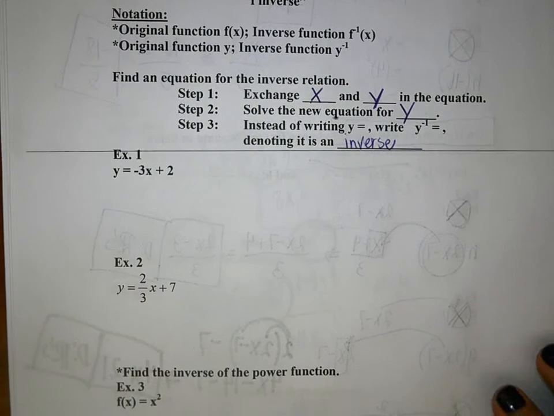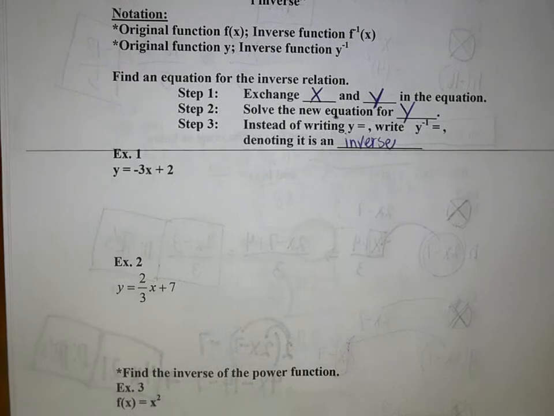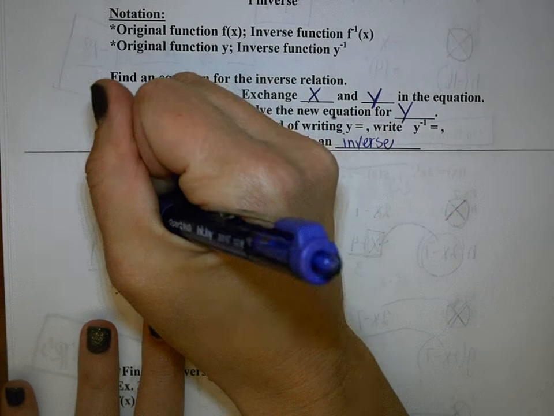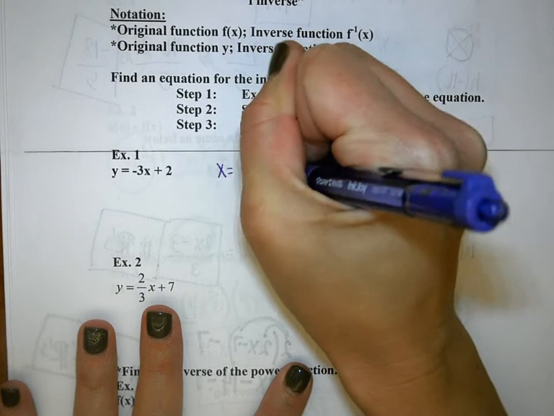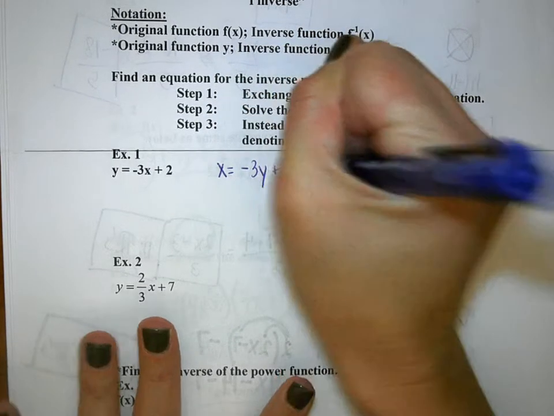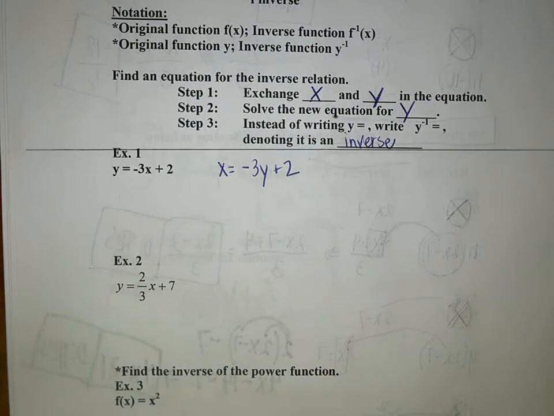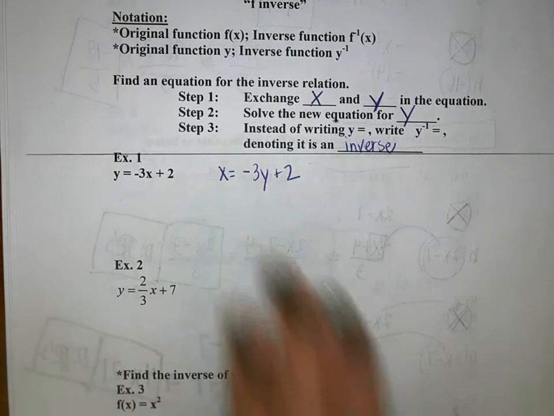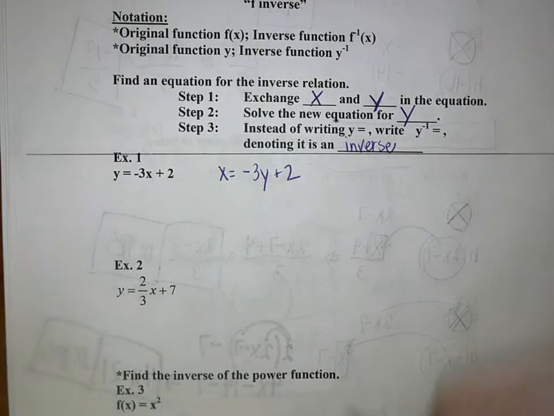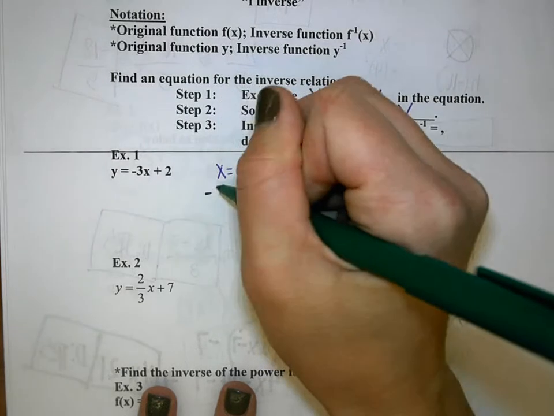Okay, so we're going to start example 1. Notice here we have y equals negative 3x plus 2. On this problem, we exchange x and y. So my inverse function is x equals negative 3y plus 2. I just exchanged the x and the y. Now we have to resolve this so that y is by itself. I would do that first by subtracting 2 from both sides.